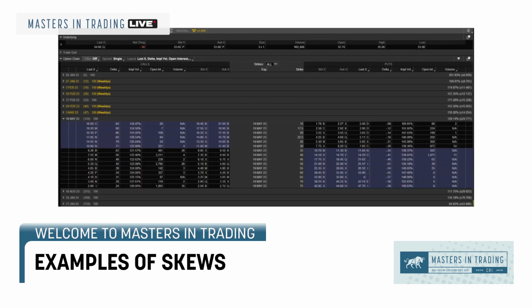Cassava Sciences, SAVA. SAVA, last trade 34. The at the money, since they don't have a 34 strike, is going to be 35. If this stock was trading at 32.50, the at the money would be the 35 calls and the 30 puts.